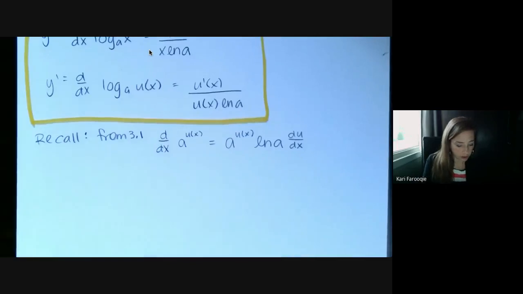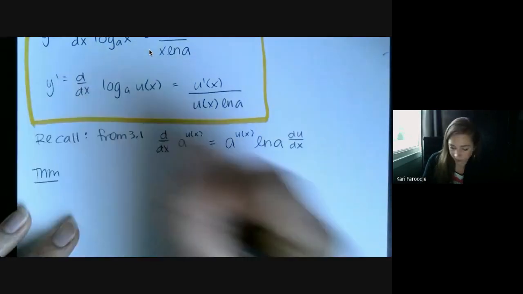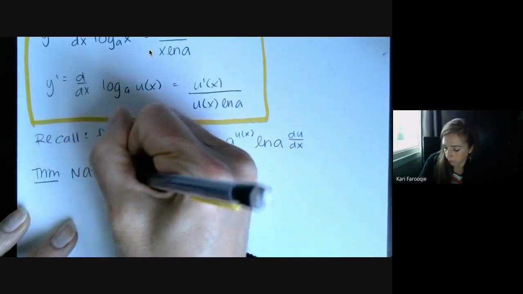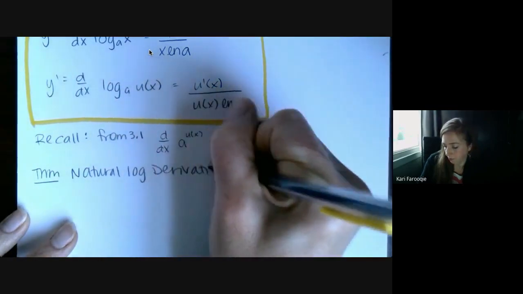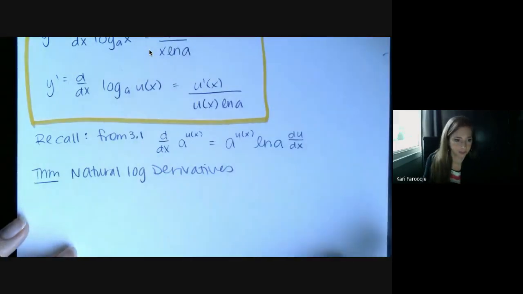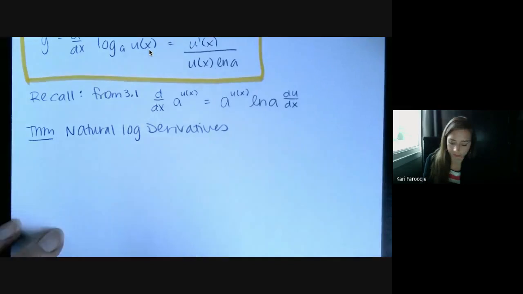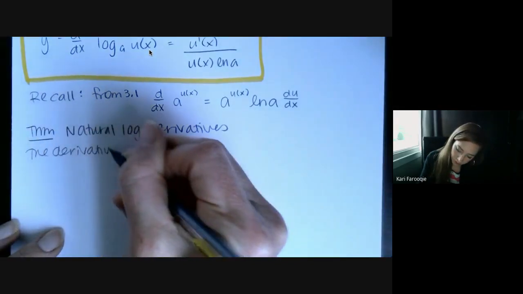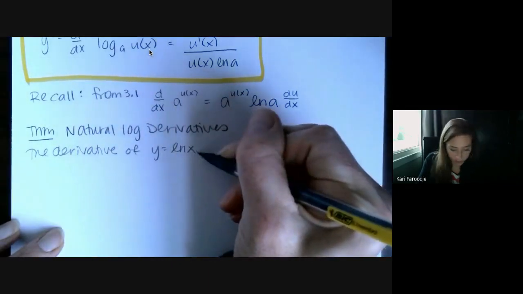Now, as far as your natural logs, we have more specialized derivatives because you see these all the time. The derivative of the natural log function. The derivative of y equals ln x.